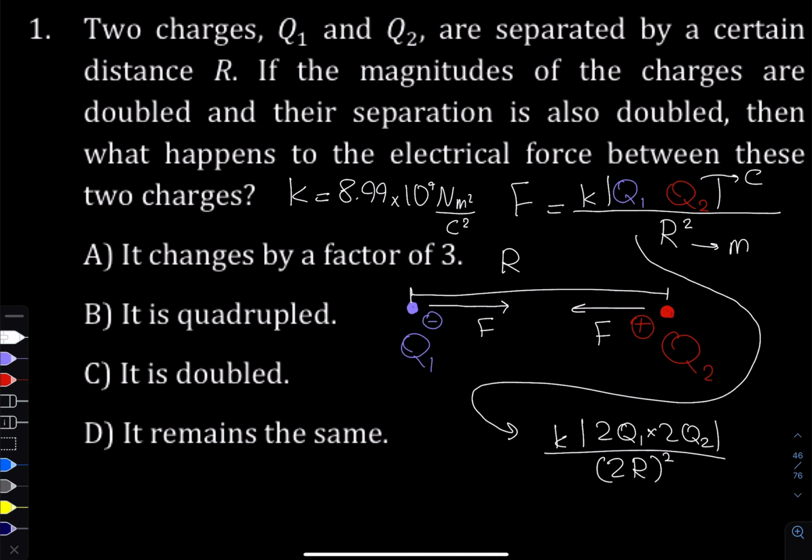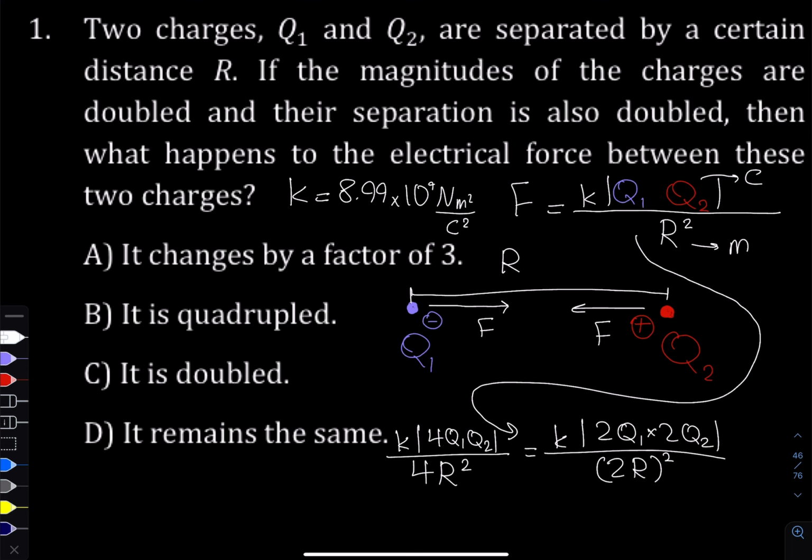So if we just do the numbers here, this would be equal to k, and then if you multiply the two twos on there, it'll be 4 Q1 Q2, and then on the bottom this would be 4r squared if you distribute the 2 on the exponents.